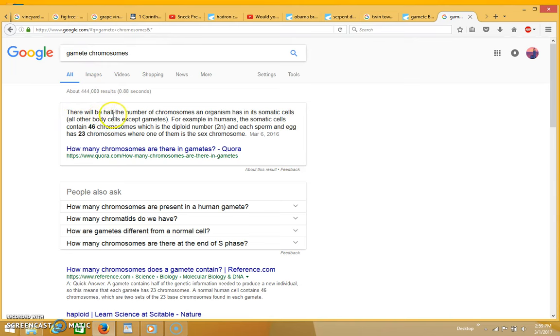It says there will be half the number of chromosomes an organism has in its somatic cells, all other body cells except gametes. For example, in humans, the somatic cells contain 46 chromosomes, which is the diploid number 2n. And each sperm and egg has 23 chromosomes, where one of them is the sex chromosome.